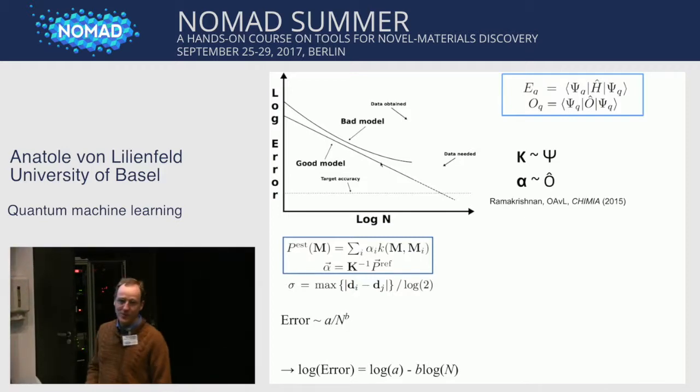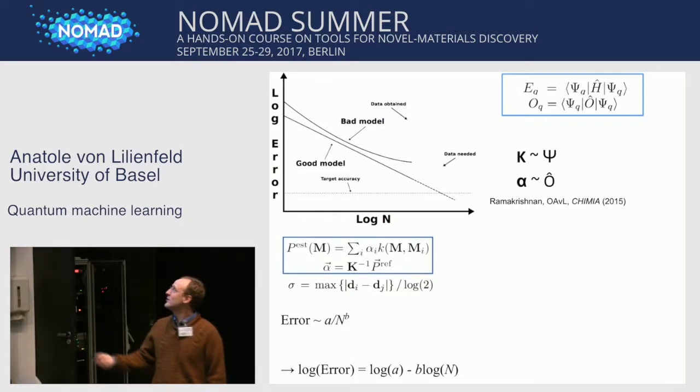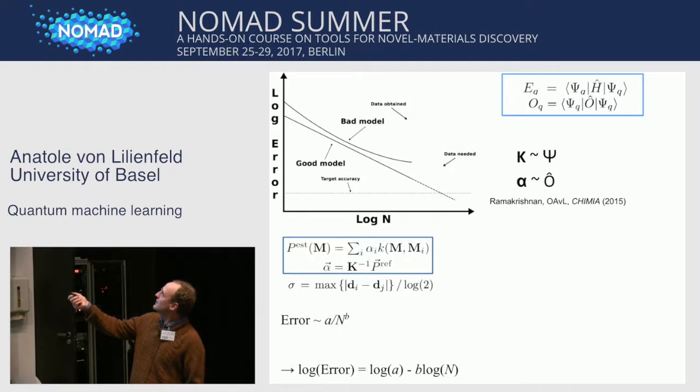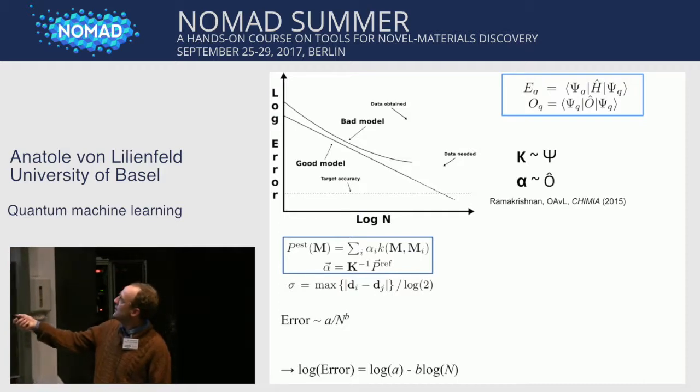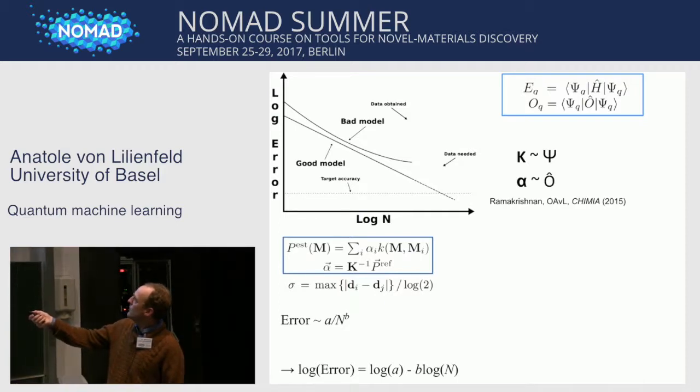No matter your observable. Now, if you train a machine learning model on a bunch of molecules or compounds or solids or whatever, you'll have a kernel matrix, right, which you need to invert to get your regression coefficients. Then, in this training equation, you can invert that kernel matrix once, and then you multiply it with the various reference properties.